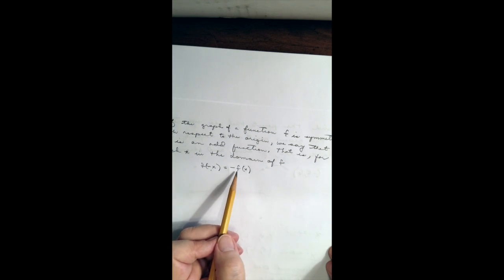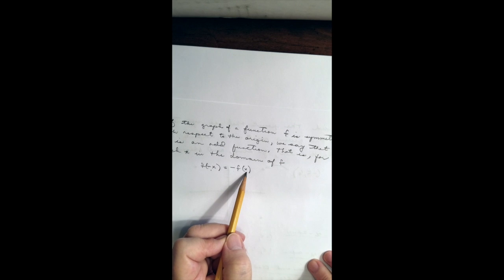So here we can think, well, we're changing both the sign of x and the sign of y, because f of x is just another way of writing y. So we would just use the same tests for symmetry with respect to the y-axis to determine if the function is even, and for symmetry with respect to the origin to determine if the function is an odd function.